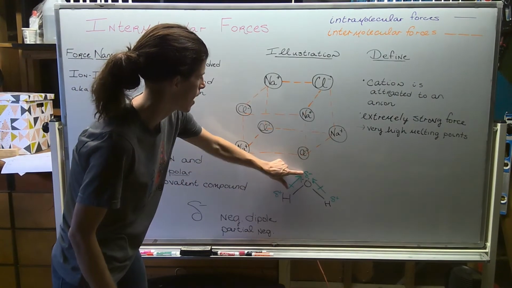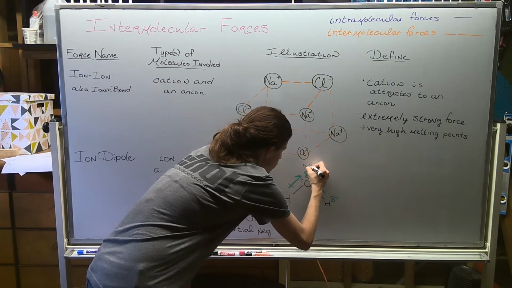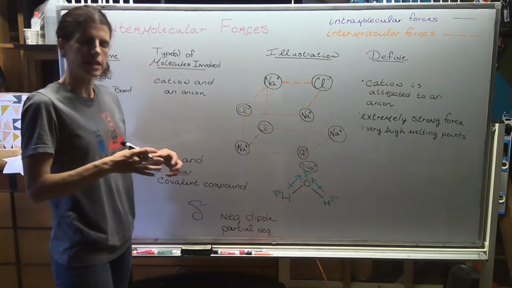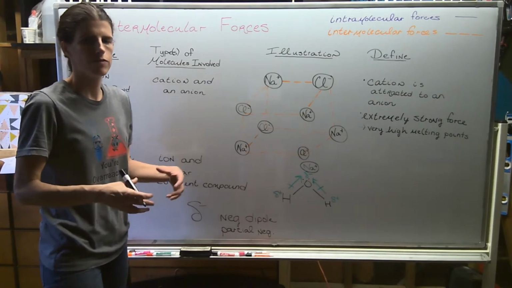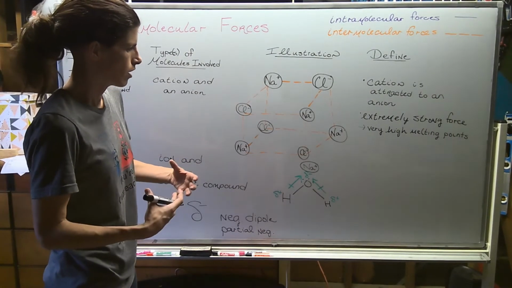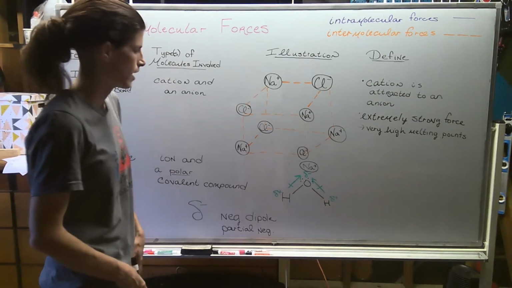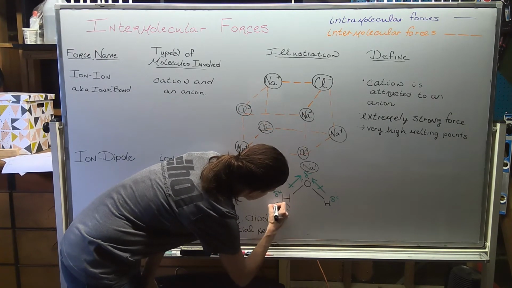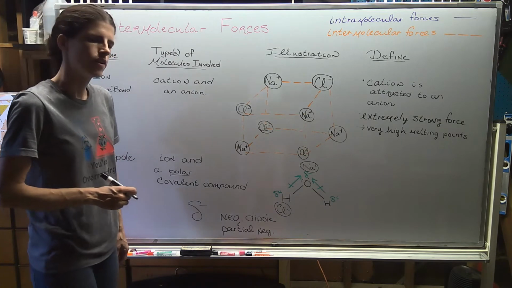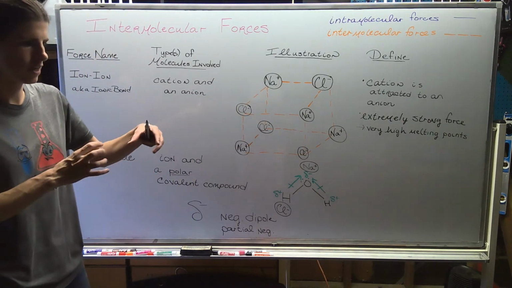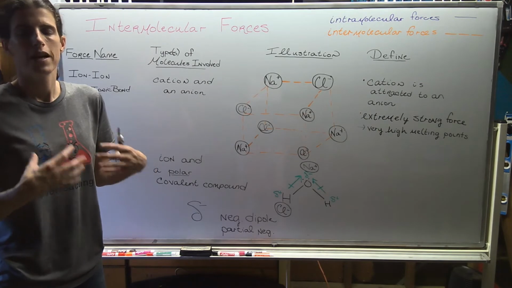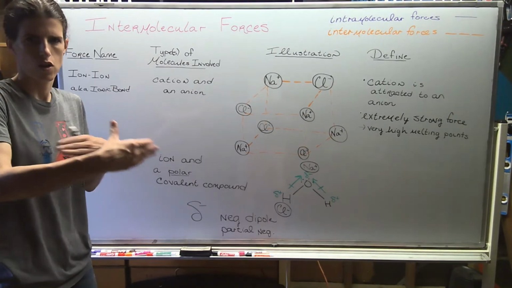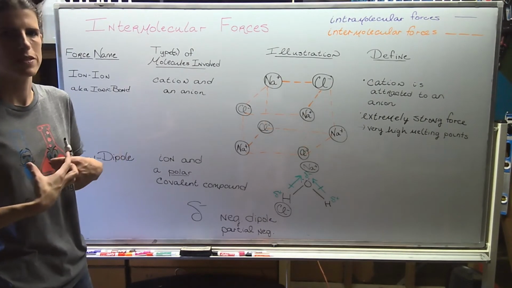Here's a negative, so I would expect a sodium ion, since it's positive, to be in the vicinity of that negatively charged oxygen, but it's not a full charge, just a partial negative. And next to the hydrogen, I would expect the chloride to be somewhere over there, and so forth. They just find the most electronically and energetically stable positions to offset the charges. Positive and negative, opposites attract.